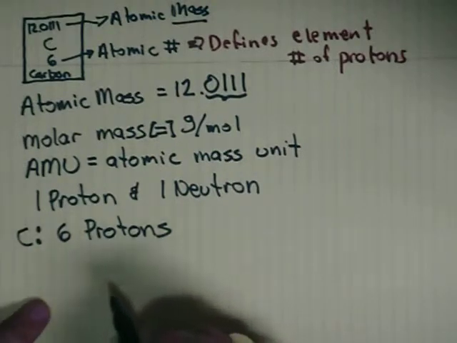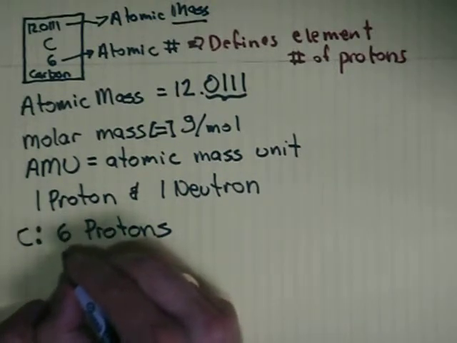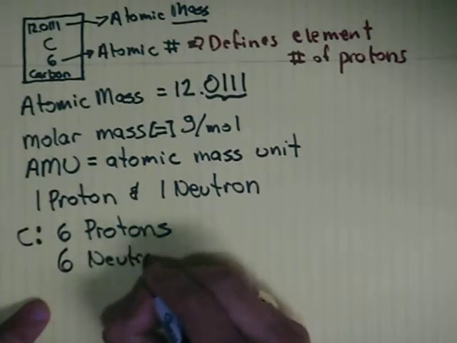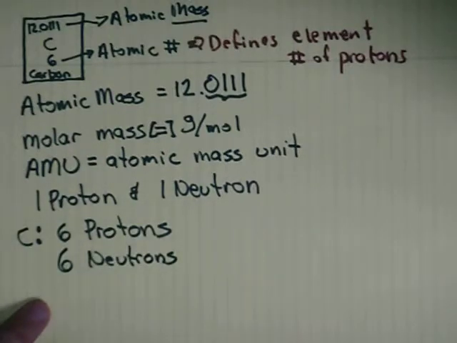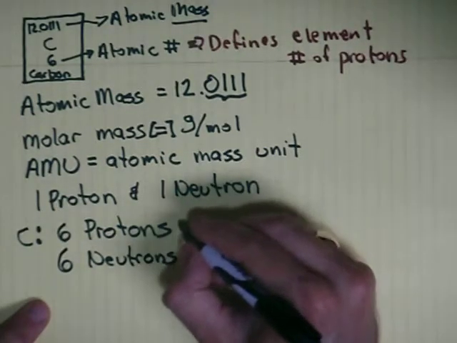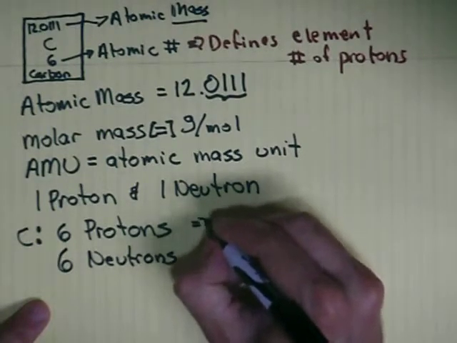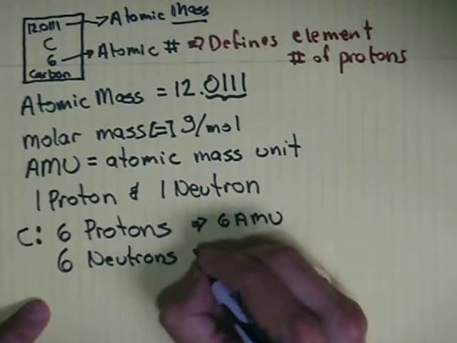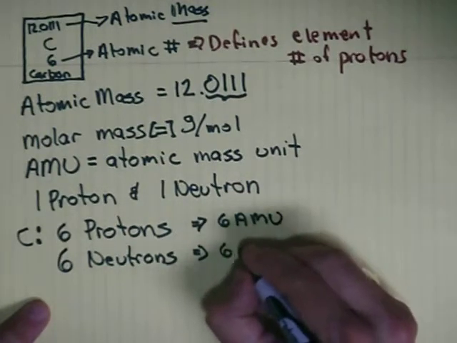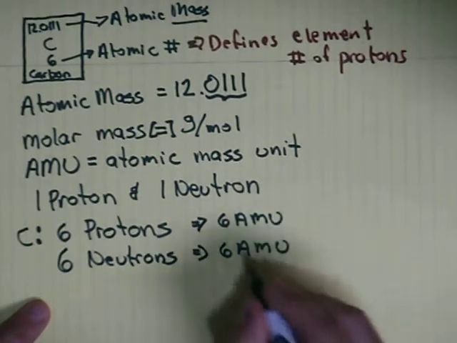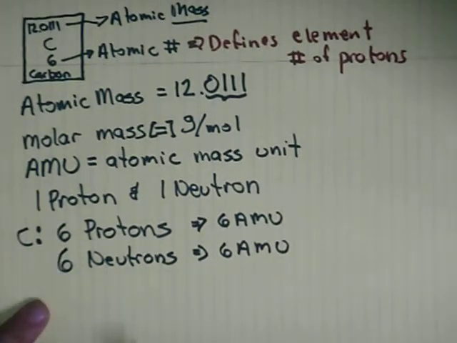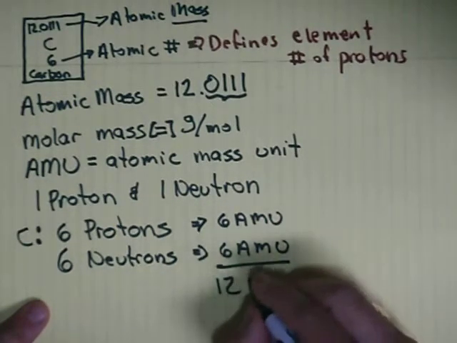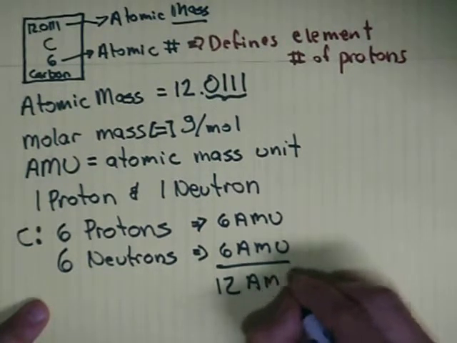And so, if we were to say that there are 6 neutrons, we can then see 6 protons gives us 6 AMU, and 6 neutrons gives us 6 AMU. So a carbon atom with 6 protons and 6 neutrons adds up to 12 AMU.